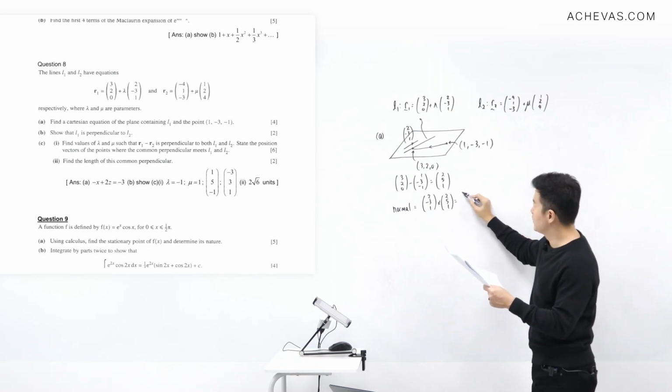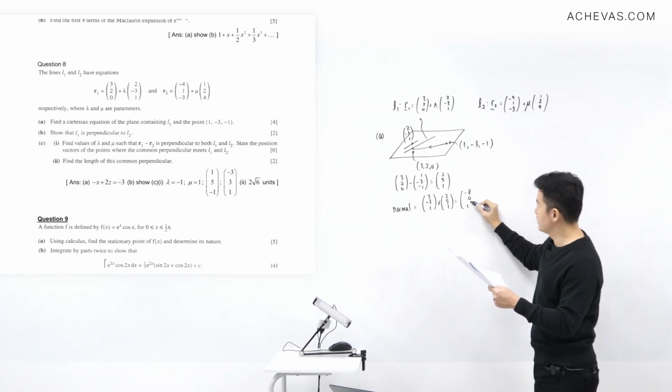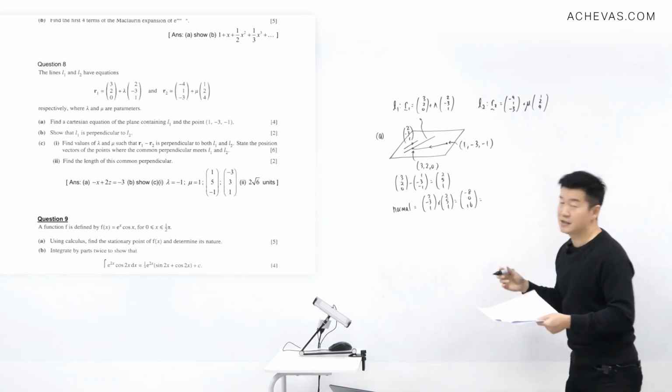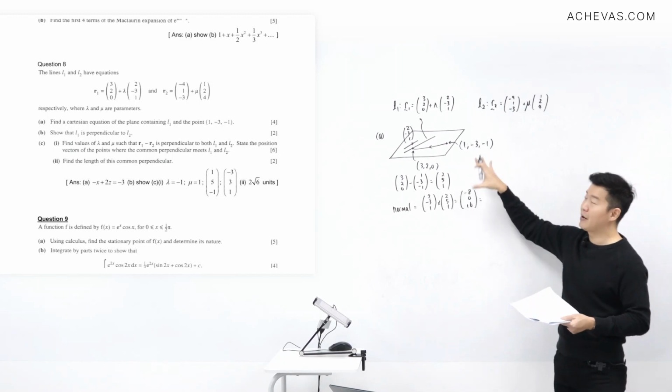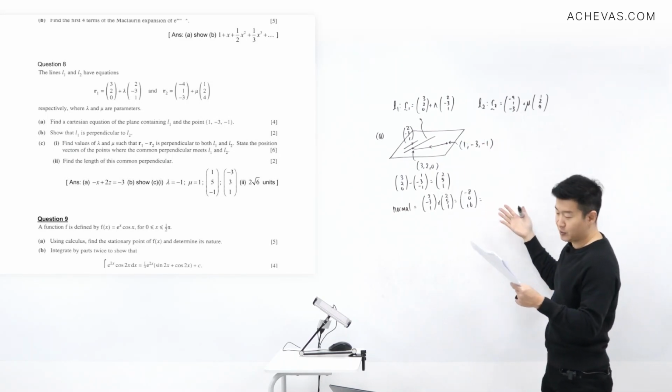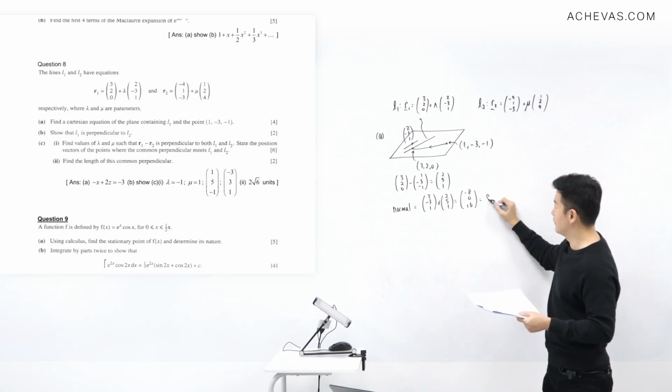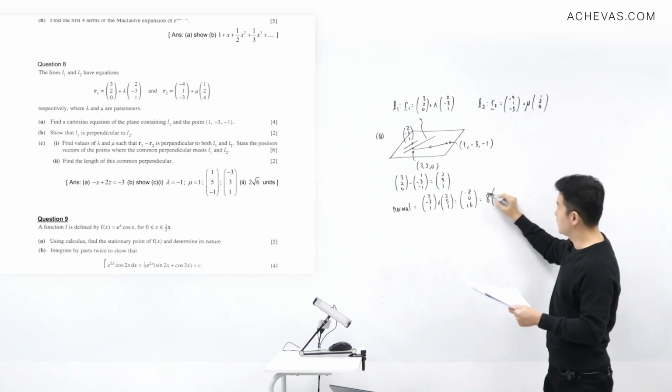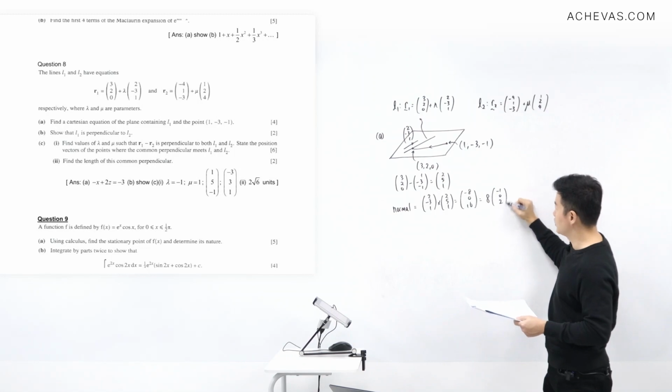This cross this will give us (-8, 0, 16), which is parallel to the normal to the plane. So this can be the normal to the plane also, but I'm going to use a simpler version by factorizing out 8, which gives me (-1, 0, 2). So I'm going to make use of this.